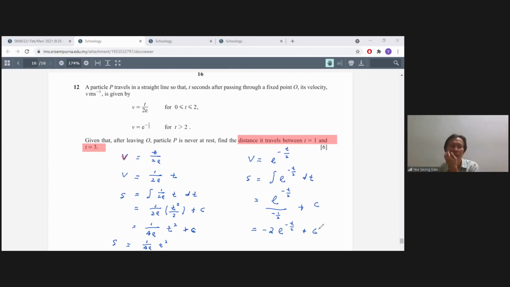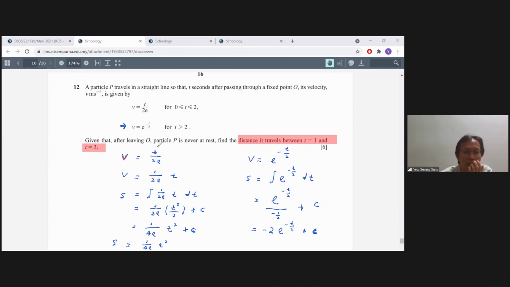Okay, what is the C here? C is not 0. C is after 2 seconds. After 2 seconds, you have to use the second equation. From 0 to 2 seconds, you use the first one. The second one, you have to use this.